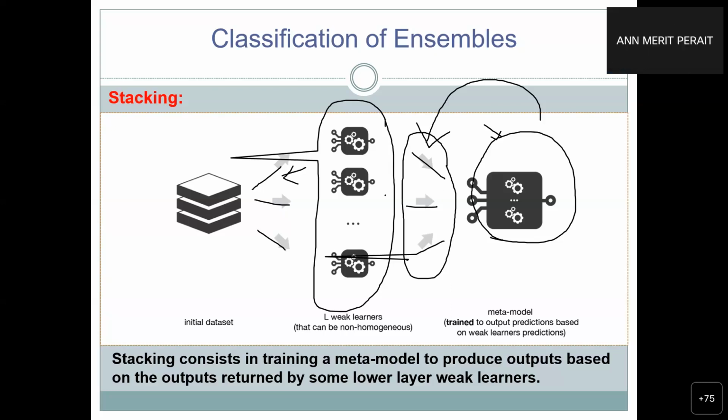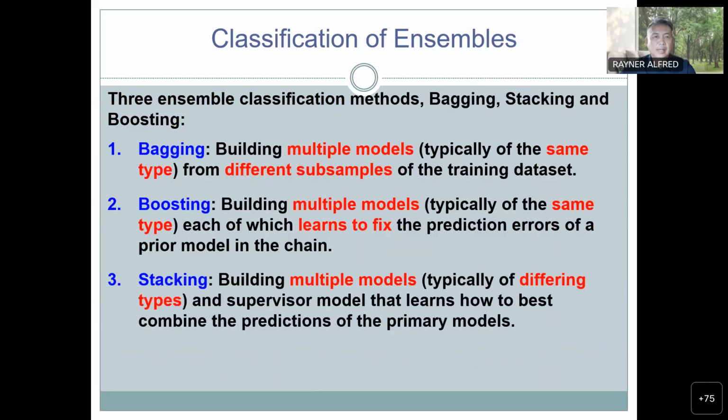Having that knowledge, we can summarize. In bagging, we're building multiple models from different subsamples of the training dataset, in which we use the bootstrap. Always remember, when we say bootstrap, basically we are using different subsamples because we partition the data.